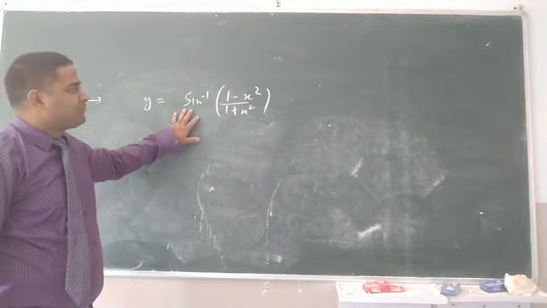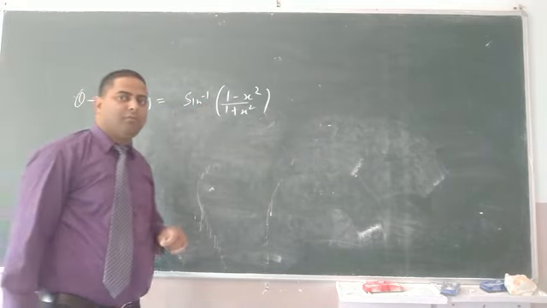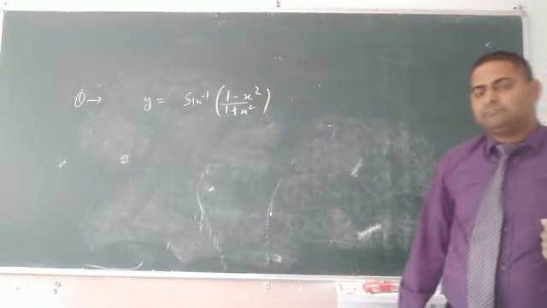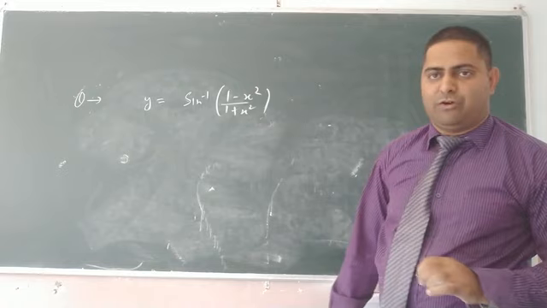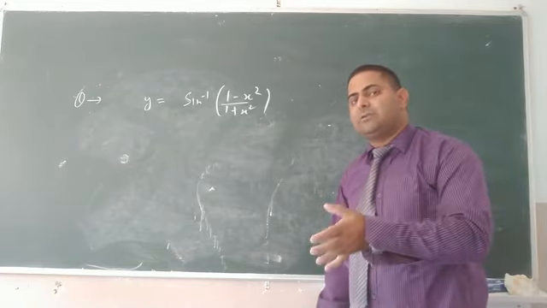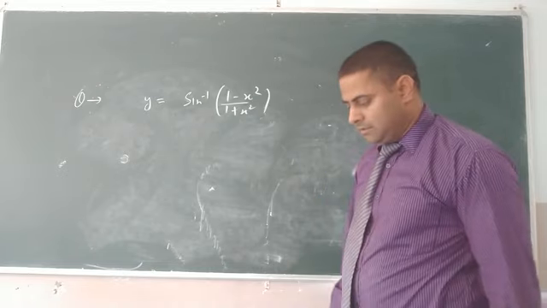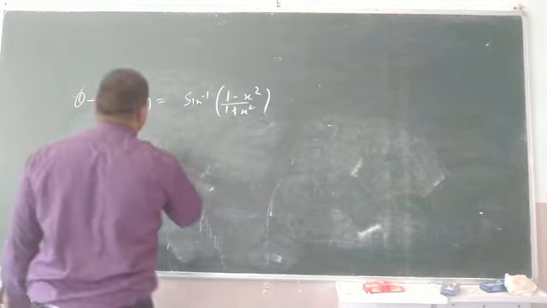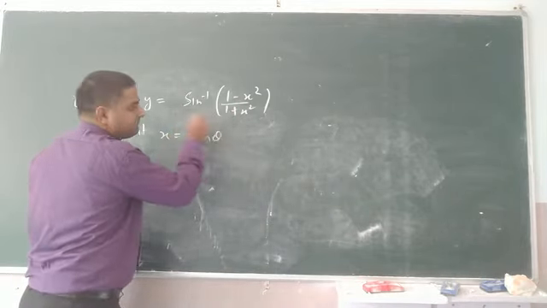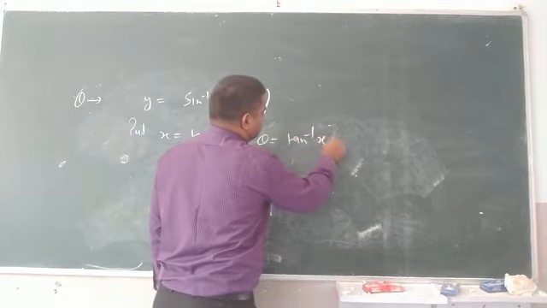y equals sine inverse of 1 minus x square upon 1 plus x square. Now, just now we have written some formula: 1 minus tan square theta upon 1 plus tan square theta is equal to cos 2 theta. For that, here put x equals tan theta so that theta equals tan inverse x.